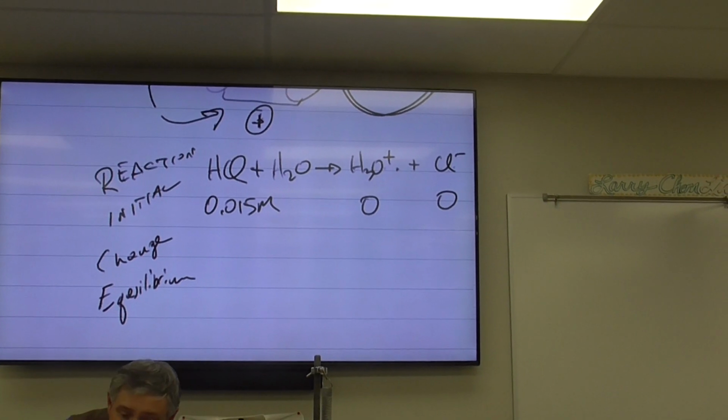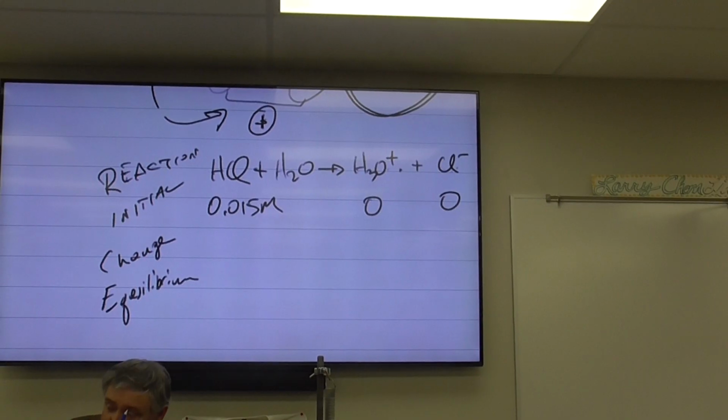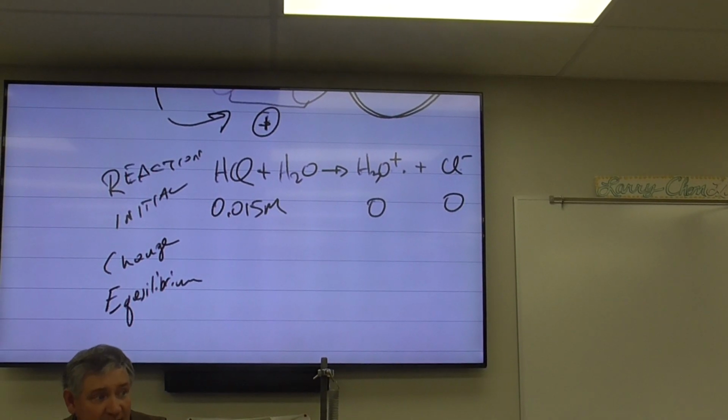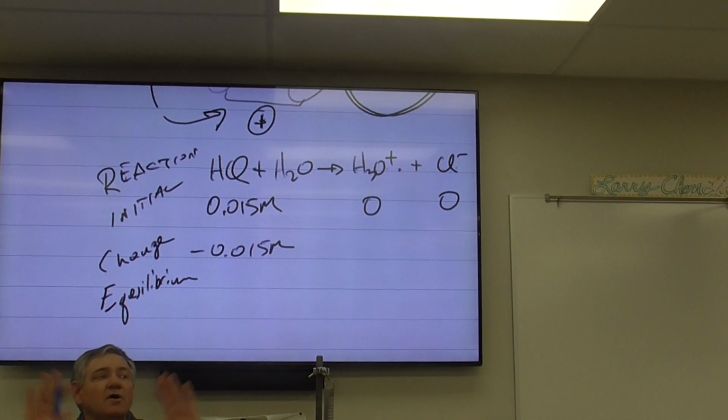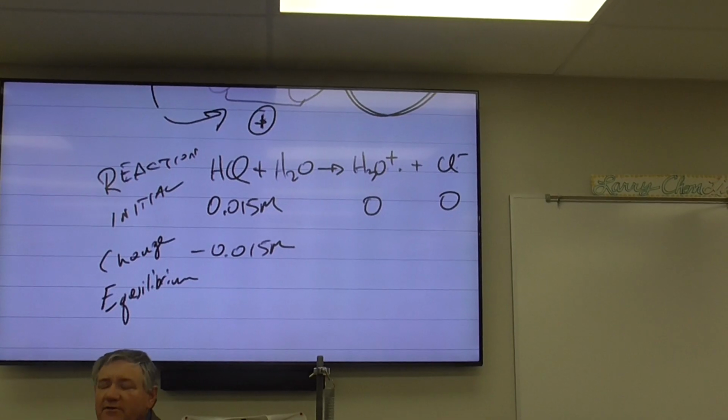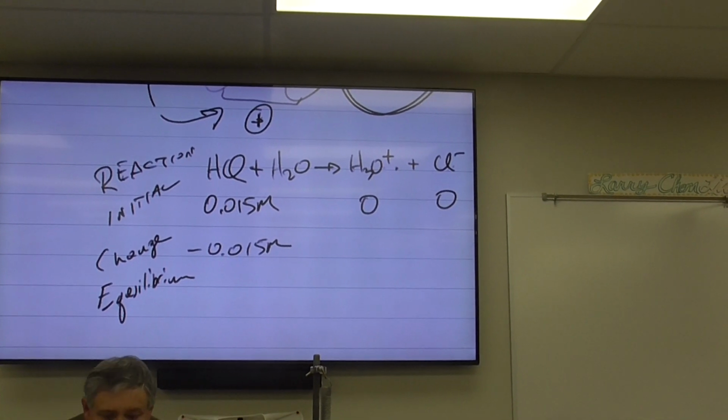Now, because HCl is a strong acid, that means it basically 100% ionizes. It goes, fine, hey, we're out. We're going to split up. We're gone. So the change is that I'm going to lose all of that. All of that goes away. None of it will exist as HCl.